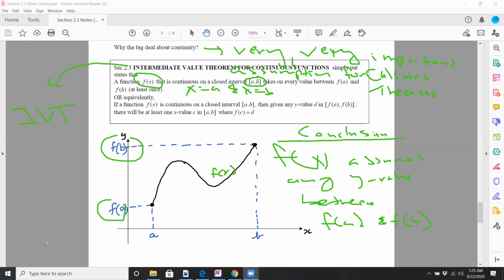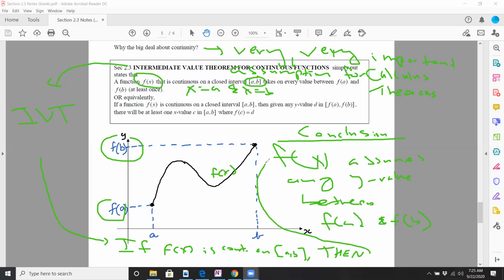So if f of x is continuous on this interval, that's what I should have said, then we know this is true. So as long as you're continuous on an interval, then f of x, a graph, will assume any y value between f of a and f of b. So that's part of the intermediate value theorem.